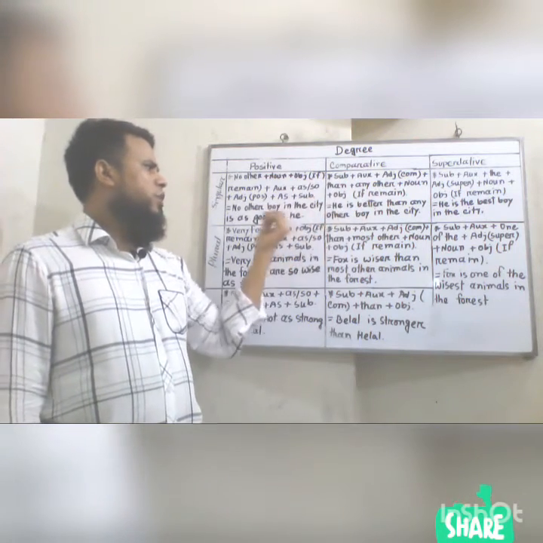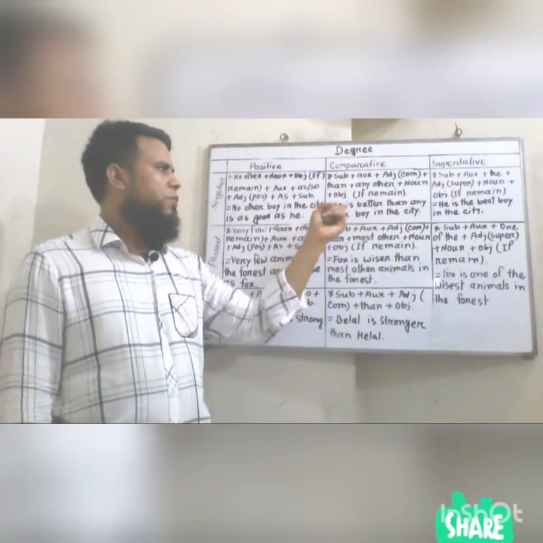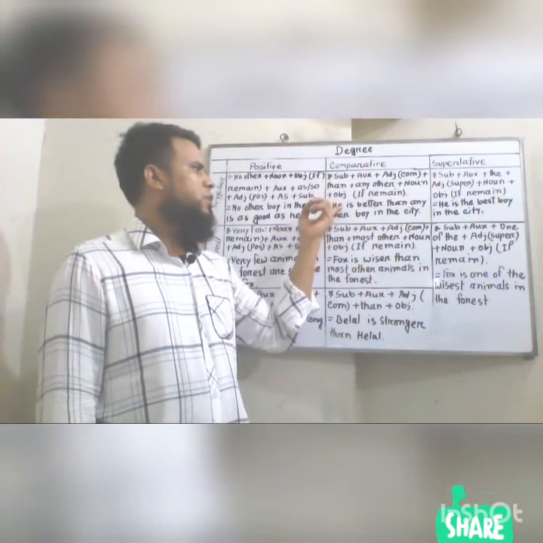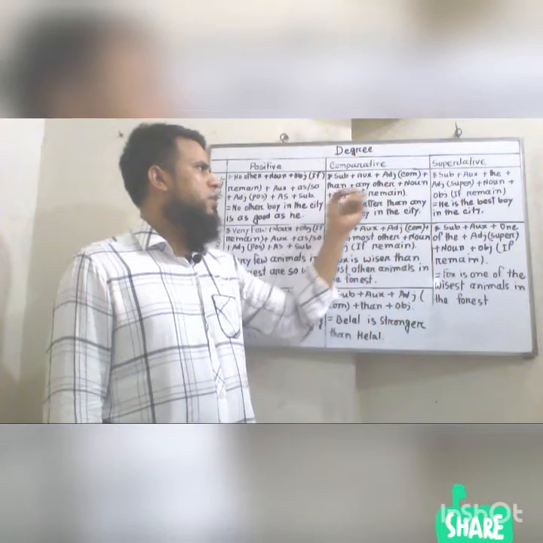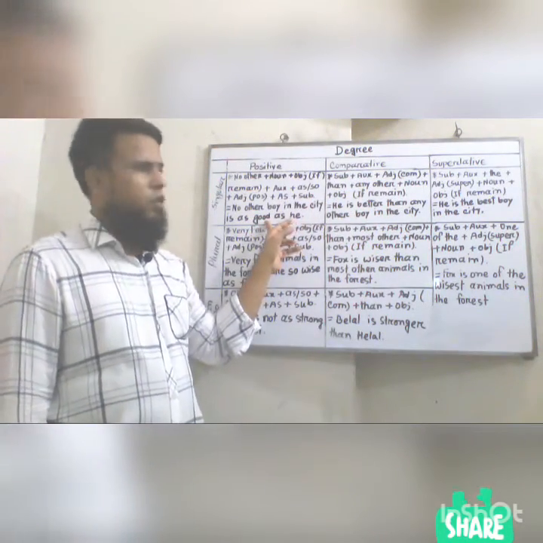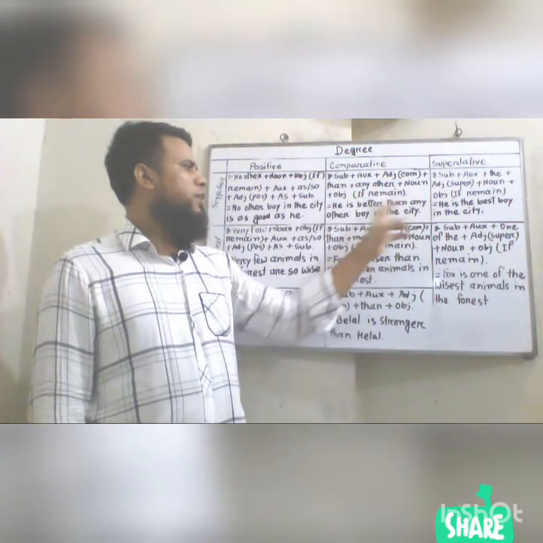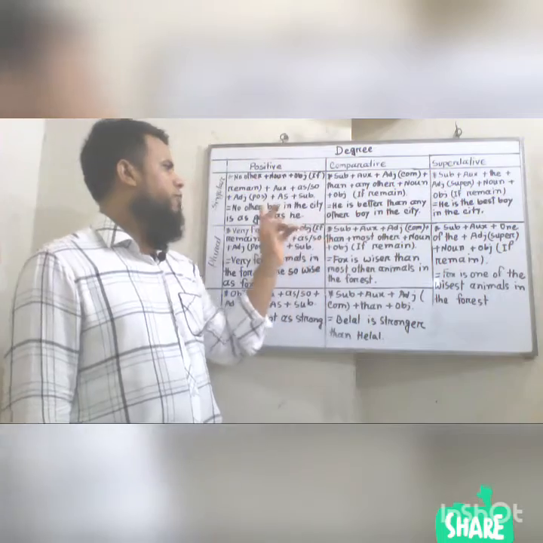For example, if I want to change this sentence to comparative, first I have to write he, and then auxiliary is, adjective better for good, and then than, and according to the rule any other, and the noun boy, finally object in the city.